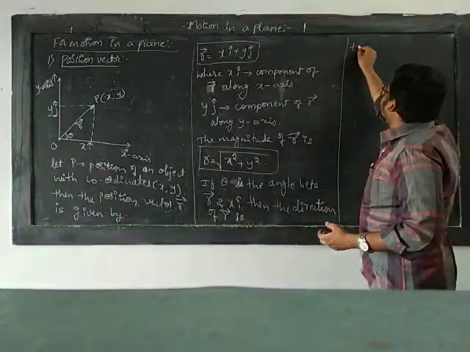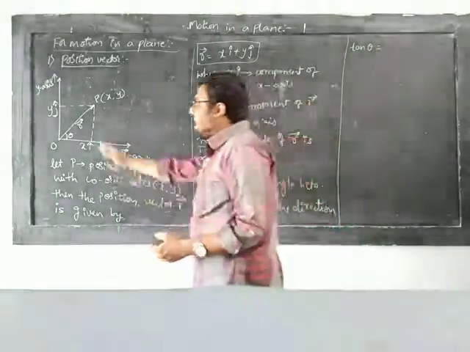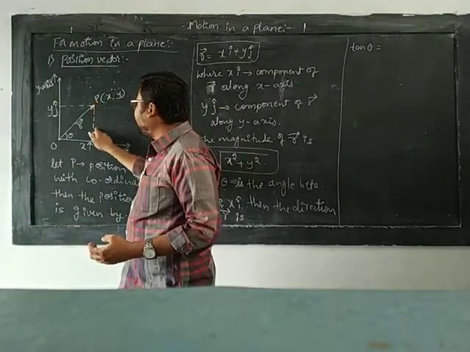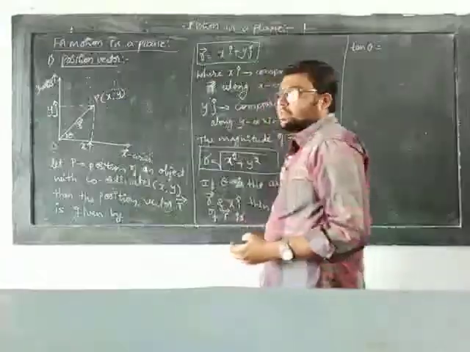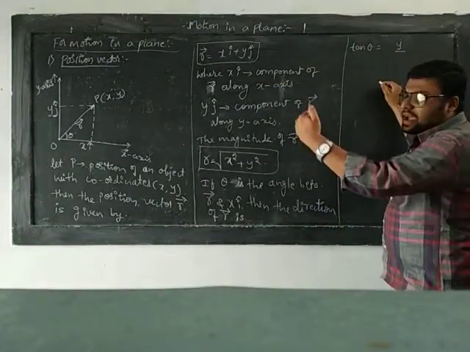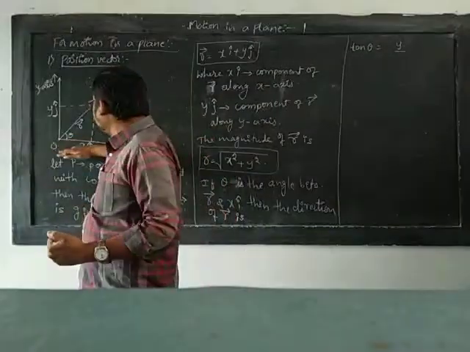here, that is tan theta. If you consider tan theta, then opposite, what is the value of opposite? It is equal to y, right? So that is y divided by adjacent, that is x.